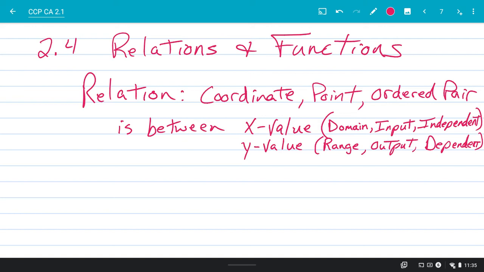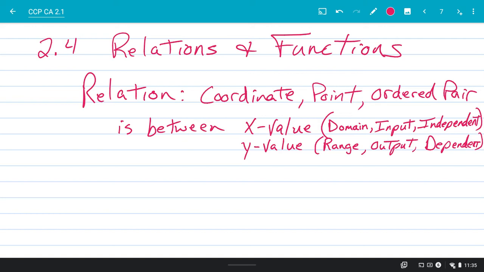A lot of times those terms are interchangeable, okay? And I think it's important that you know all of those because I'm going to ask you what the domain is, and you guys are probably a lot better at that now than you were when you were a freshman. But domain, man, somebody asked, hey, what's the domain? And everybody goes, what?